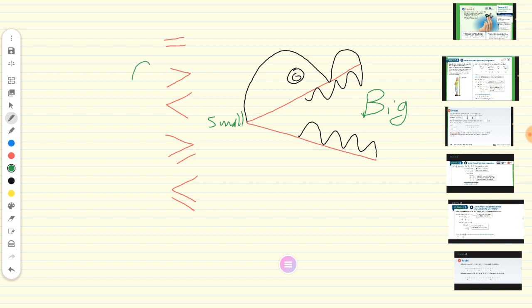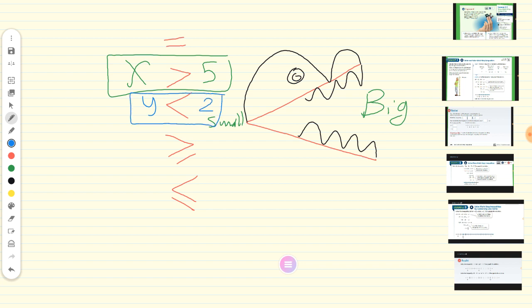So if I write x here and 5 here, I can read it as x greater than 5. What about this one? If I have y and here 2, I can say y less than 2. What about this one?